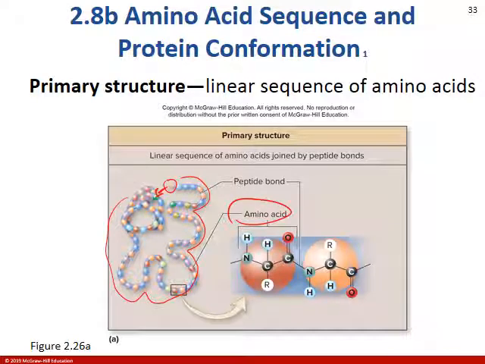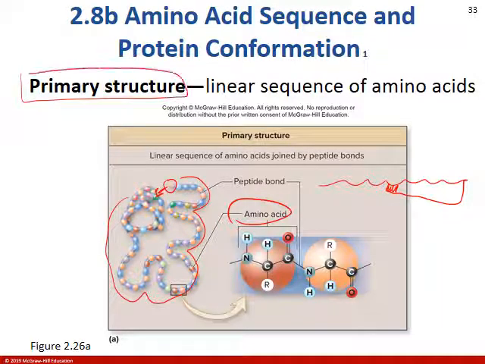And what happens is if the string gets really long, it can start folding on itself, and you'll have interactions between the top string and the bottom string. But if we just have beads on a string, that's called a primary sequence or primary structure. So if you just have beads on a string, primary structure.